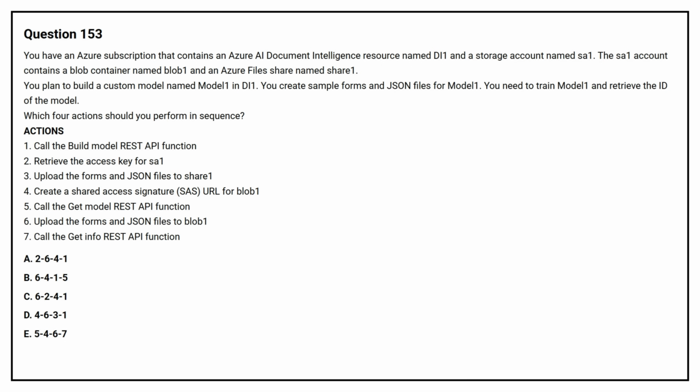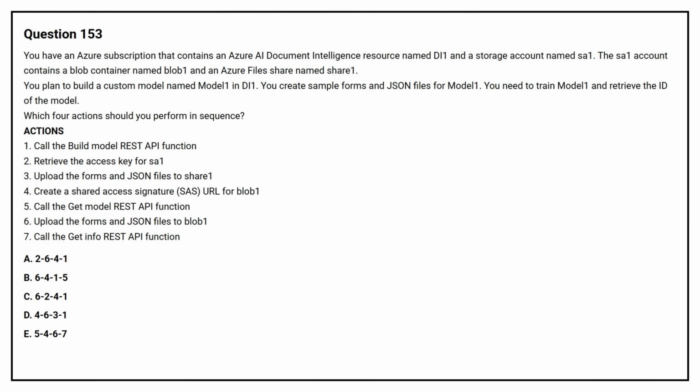You plan to build a custom model named model1 in DI1. You create sample forms and JSON files for model1. You need to train model1 and retrieve the ID of the model.